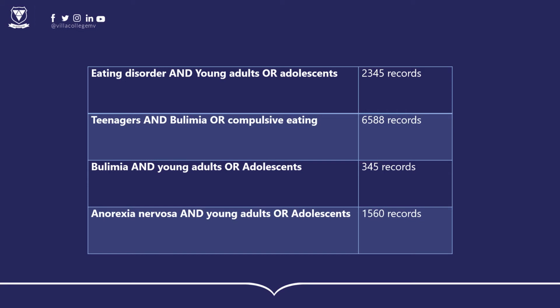If you use more synonyms, there is an advantage of retrieving more articles relevant to your assignment. For instance, if you have only used eating disorder in young adults or adolescents, you may miss out the articles that can be retrieved by using teenagers and bulimia or compulsive eating, which shows 6,000 plus records.